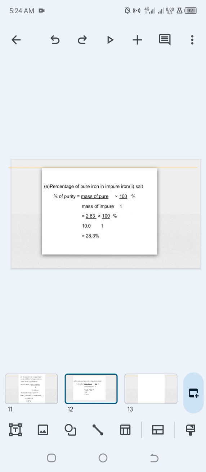That is the percentage of the impure. It's so simple. They can tell you, after calculating the percentage for pure, calculate the percentage of impure. Just subtract it from the one you have gotten.